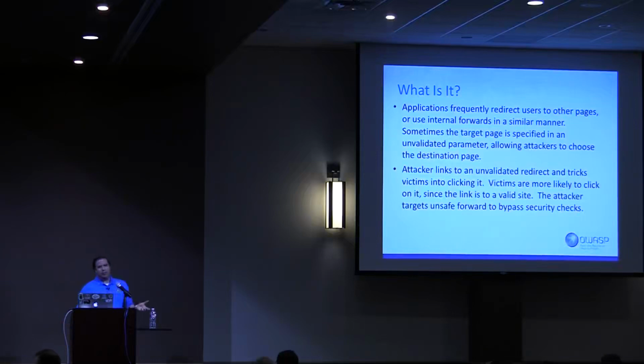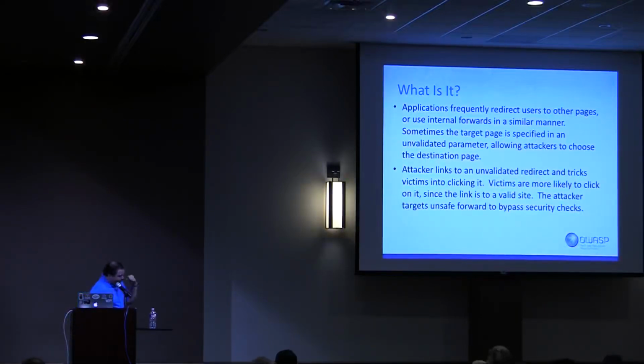The attacker can link to an unvalidated redirect and trick the victim into clicking it. And this is basically preying on the user's trust of that domain name in order to transfer them to another site. Because they think, if I go to www.ni.com, I trust ni.com. And again, it might even have that HTTPS in front of it, and I trust HTTPS.